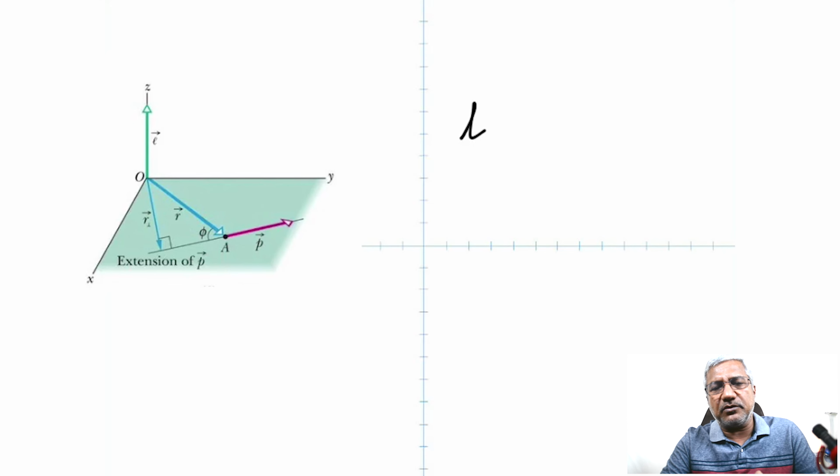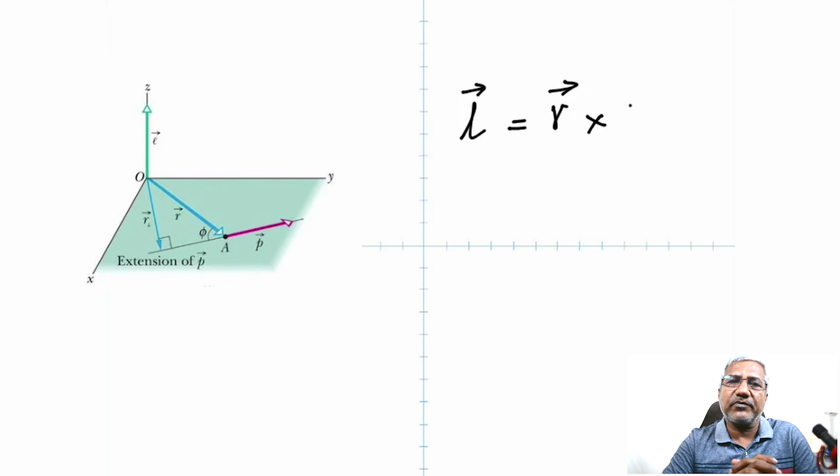So now we come to angular momentum. I told you that angular momentum is analogous to linear momentum already. But here's the definition. Angular momentum is another cross product. It is the cross product of R and P, where P is the linear momentum.